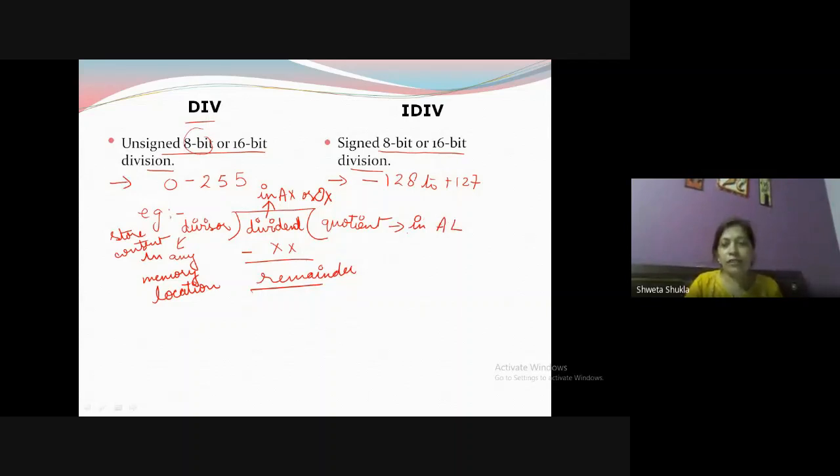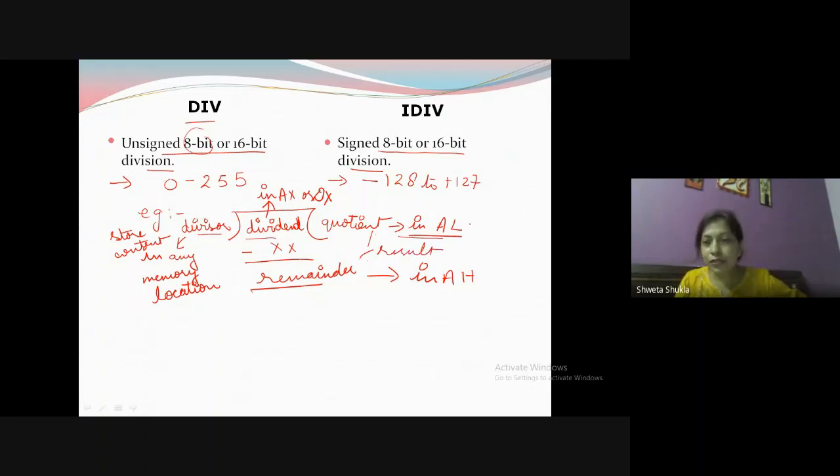Always remember you have to save the quotient in the AL register, and the remainder will be saved in the AH register. Whatever the instruction is, always remember: the divisor you take from any memory location, the dividend is always in the AX or DX register, the quotient is in the AL register, and the remainder will go to the AH register, because these are the results. Quotient and remainder, this is the result that you will get.